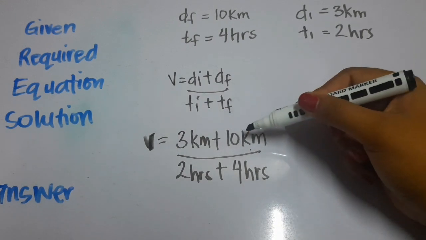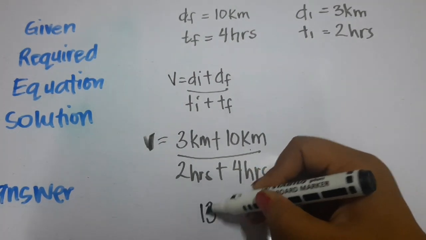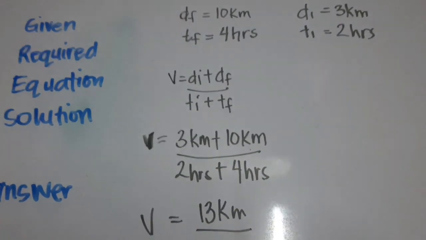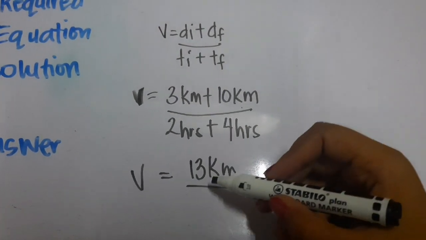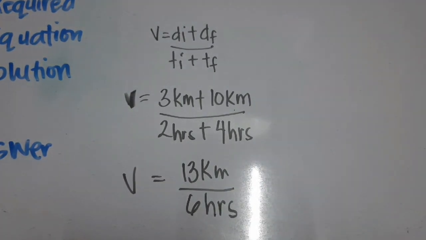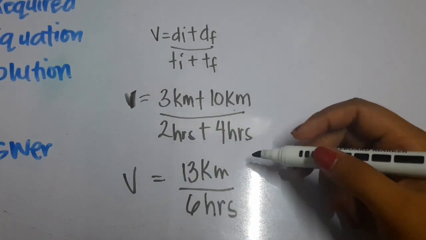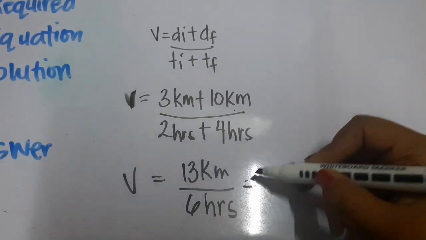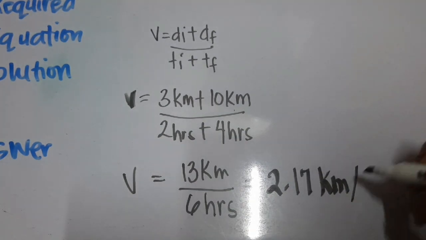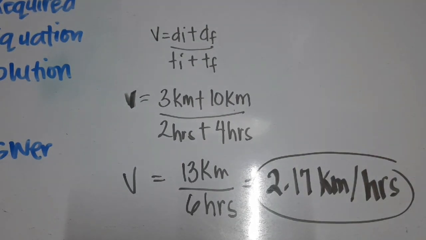So first solve this one. 10 plus 3 km is 13 km, and 2 plus 4 hours is 6 hours. So the final speed is 13 km divided by 6 hours, which is 2.17 km per hour. So this is the answer for the speed.